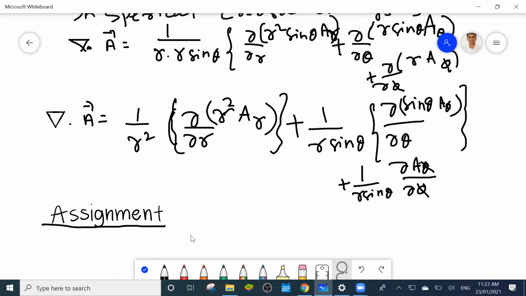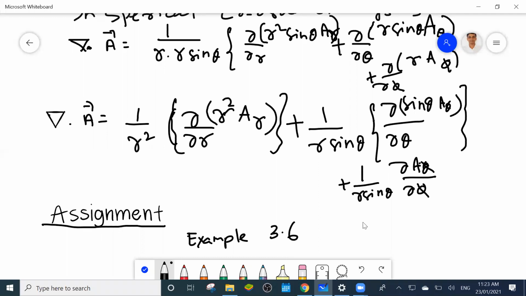Check that example in the Sadiku textbook, example 3.6. The solution is also there.